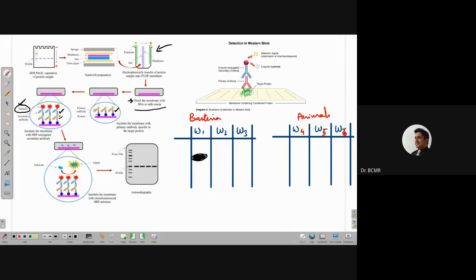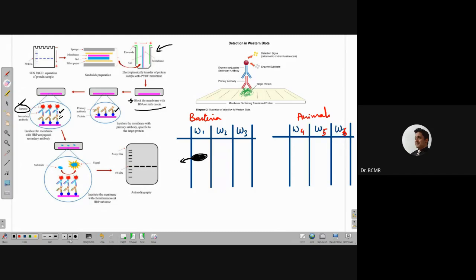So if a sample shows a band, it means it must have had the RNA. That means it must have had the gene for that particular protein. Or I should actually write it in these terms.